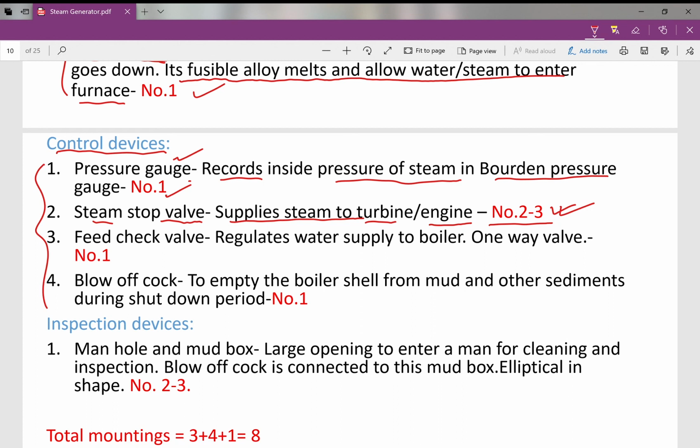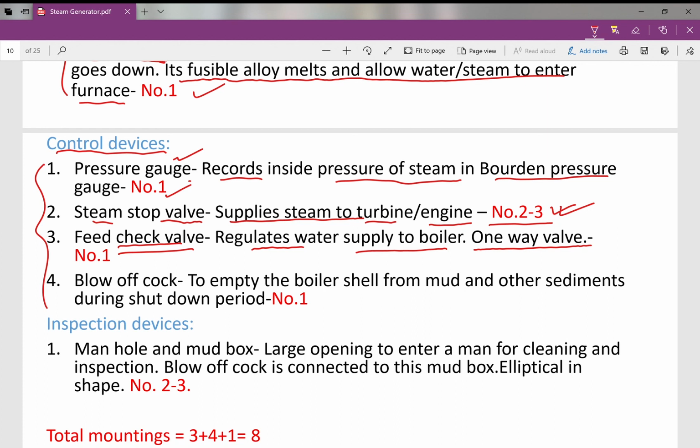Third one is the feed check valve. We supply water to the boiler from outside to inside, so that regulates the water supply to the boiler. That is also called a one way valve. Please remember it should be one way, meaning water should be supplied from outside to inside by any means. Suppose there is a power cut off or something like that, and the pump fails to supply water from outside to inside the boiler.